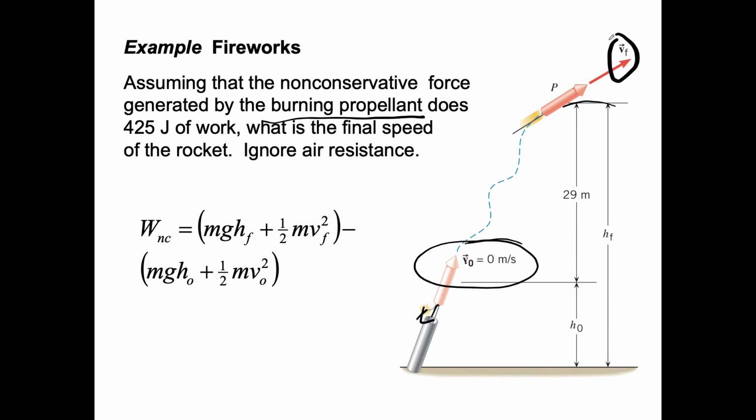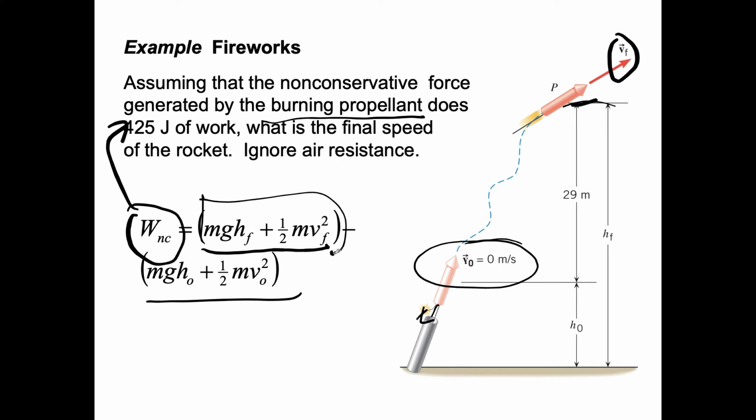We want to find the final speed at this height. The equation we need is energy conservation: the work done by non-conservative force equals the change of mechanical energy of the system, so final kinetic energy minus initial kinetic energy plus the change in potential energy. We don't have a spring force in this problem, so we don't need to worry about spring potential energy.